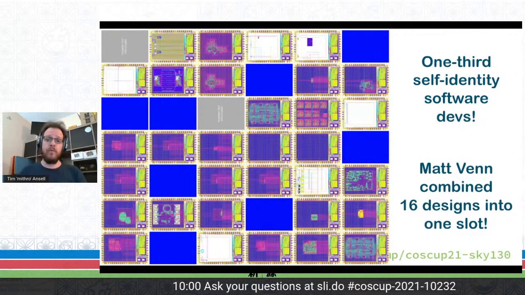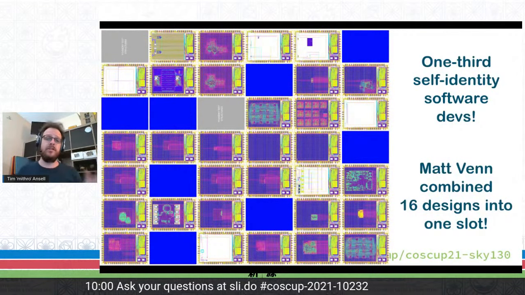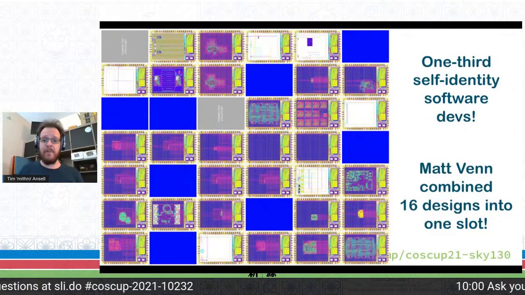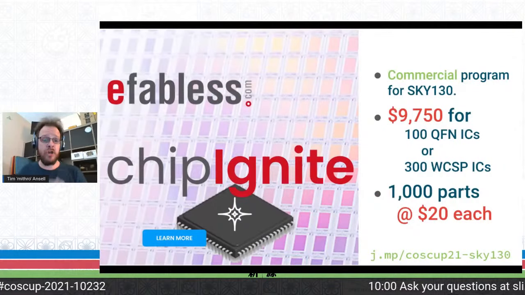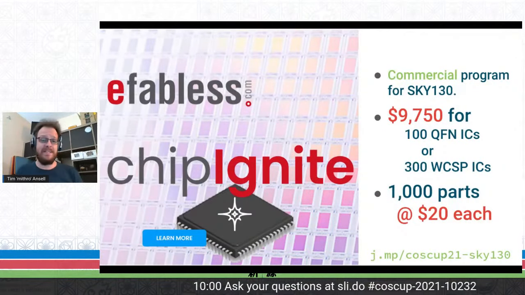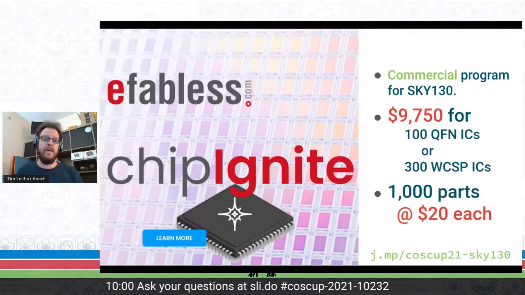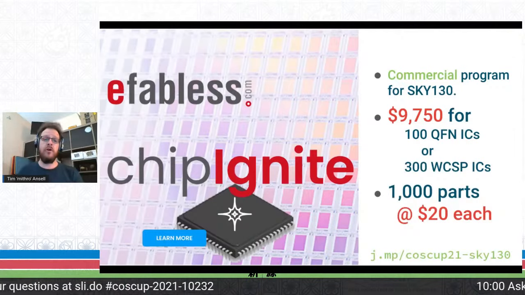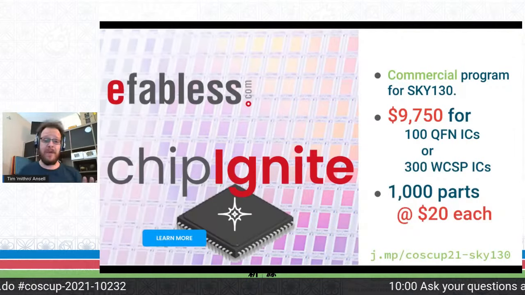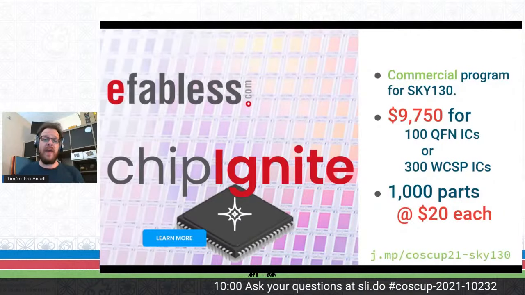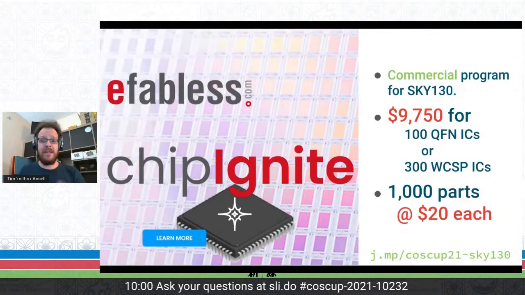And while the Google program requires your designs to be fully open source, our partners at efabless also released a commercial program, which I think is some of the cheapest way to do ASIC design so far. For under $10,000, you can get your own slot where your design doesn't need to be open source, or you can purchase 1,000 parts at $20 each.